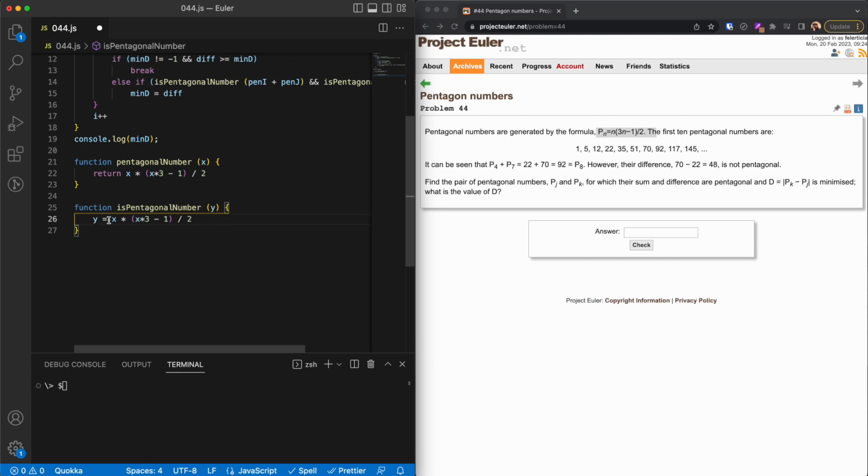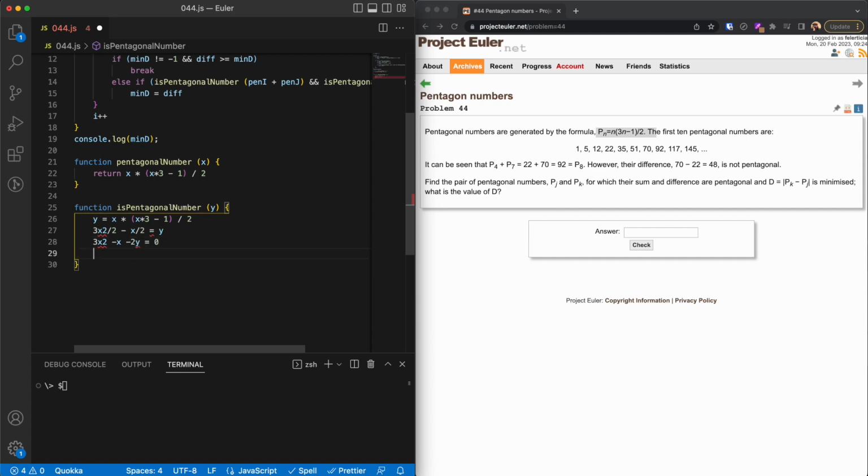to understand that we need to find the x in terms of y. So it would be like 3x squared divided by 2 minus x divided by 2 equals y. Then multiply both parts by 2 and bring y to the left, so it's 3x² minus x minus 2y equals 0.